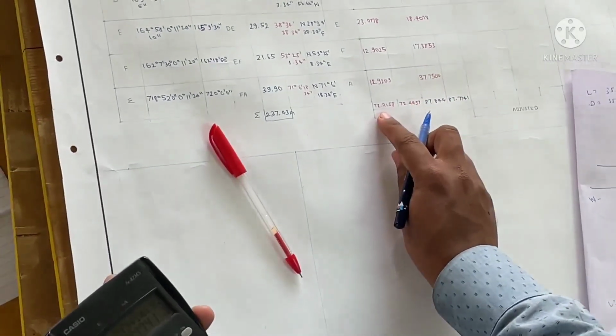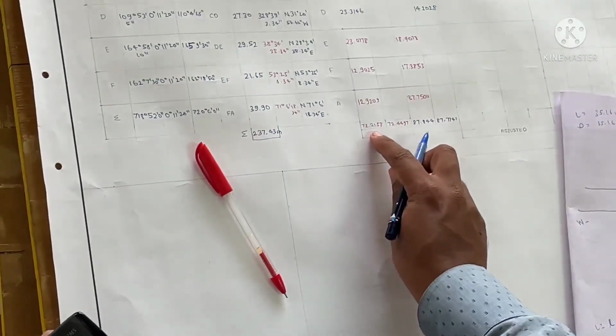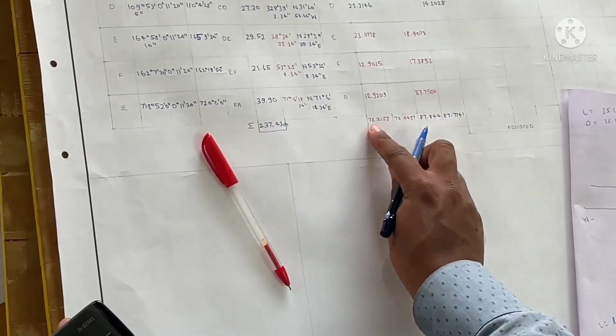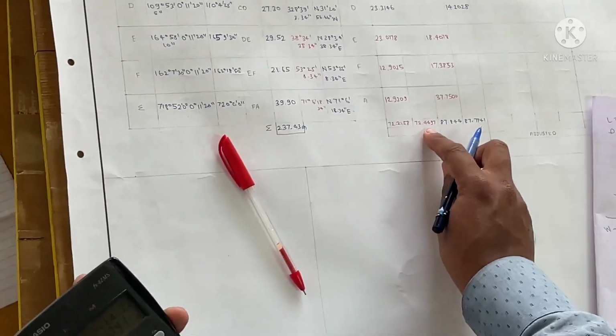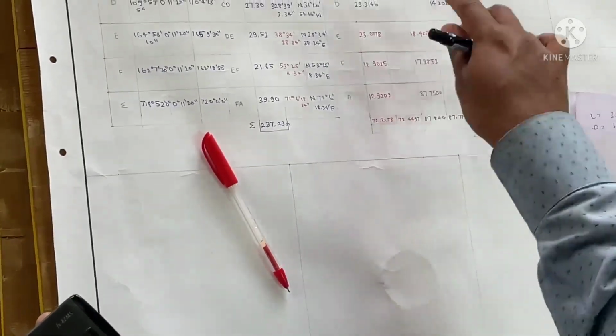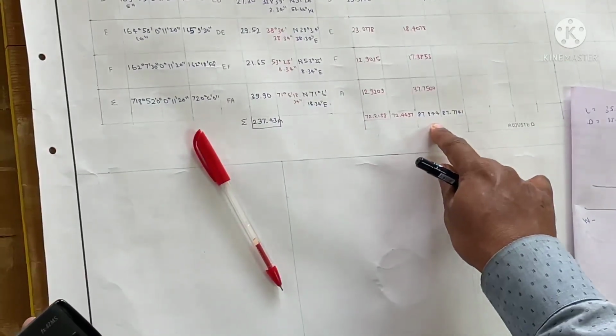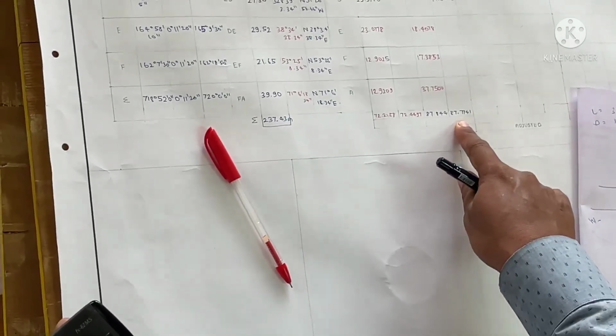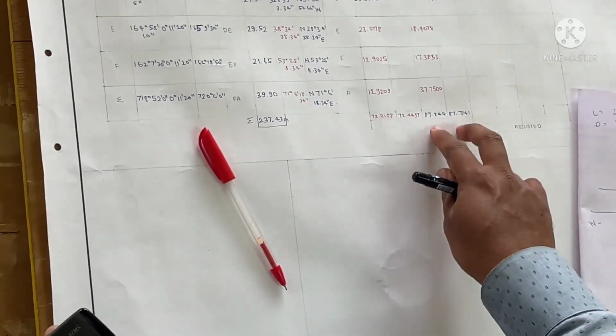As you can see, the values of northing and southing are not equal. Northing is 72.2158 and southing is 72.4497, so they are not equal. Easting is 87.844 and westing summation is 87.7741. So there is an error.